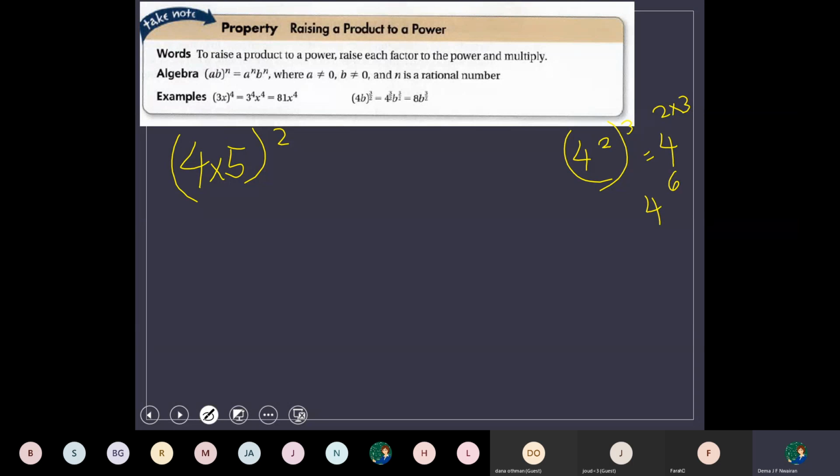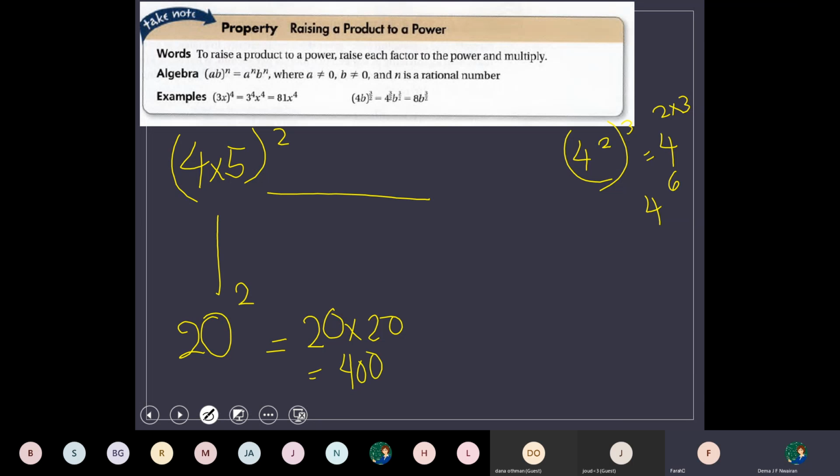Now, to deal with this type, you can do it in 2 ways. The first way, I can multiply 4 times 5, which is 20, then to the power 2: 20 times 20, and the answer is 400. Another way is to distribute the square.